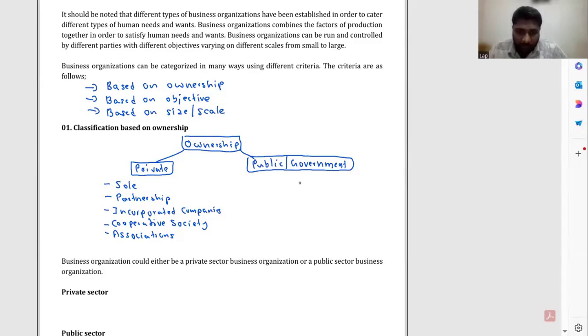Public: state companies, that means government companies, or government corporations. Other one is state departments.